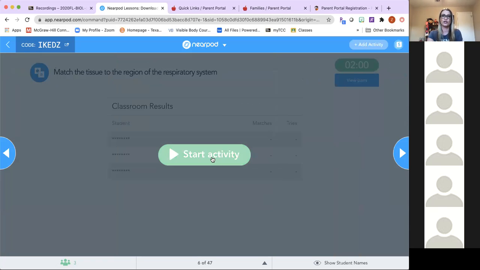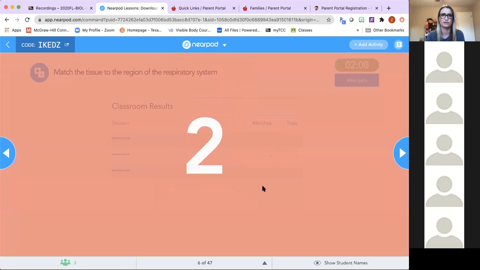And here we're going to actually match the type of epithelium in different parts, I think.